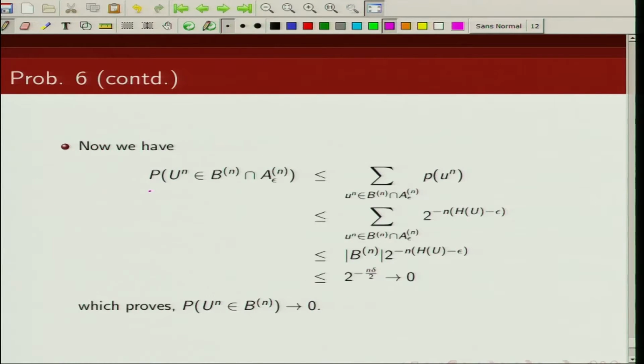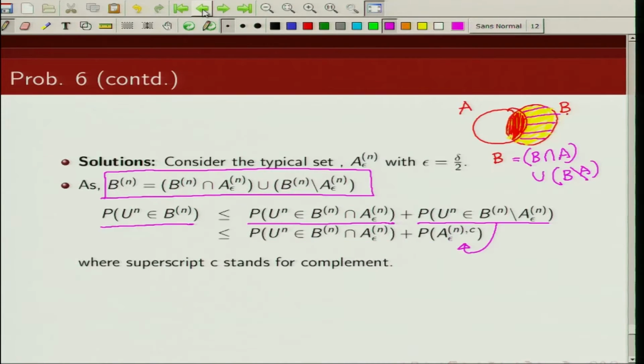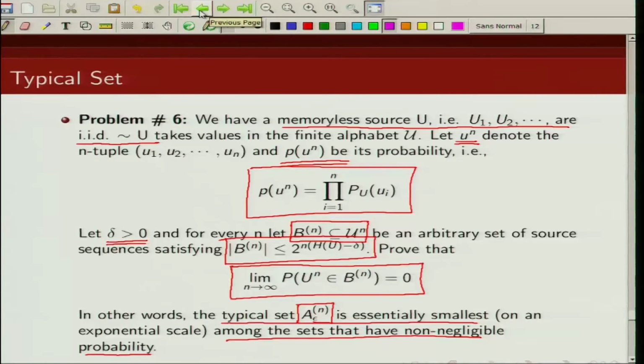Now what is this probability? This probability can be upper bounded by the summation of p of u^n, where u^n is in the intersection of B^n and this typical set. Now the cardinality of B^n is, just a second, if you go back, B^n is less than 2 raised to the power n H(U) minus delta.